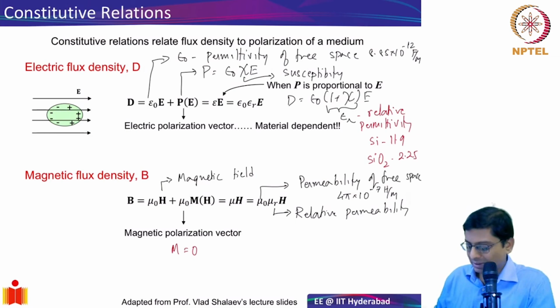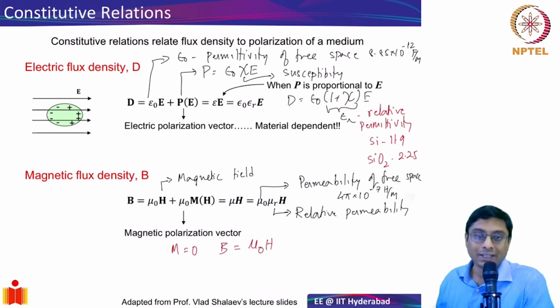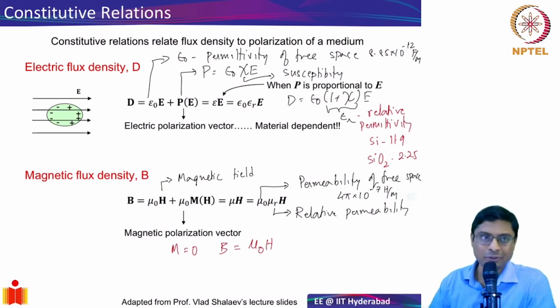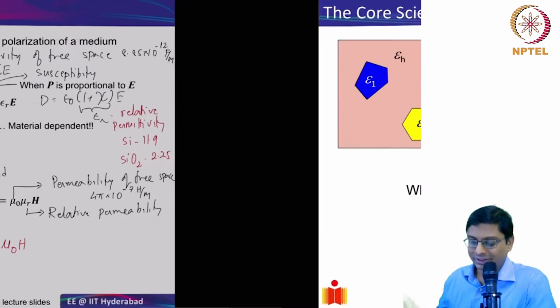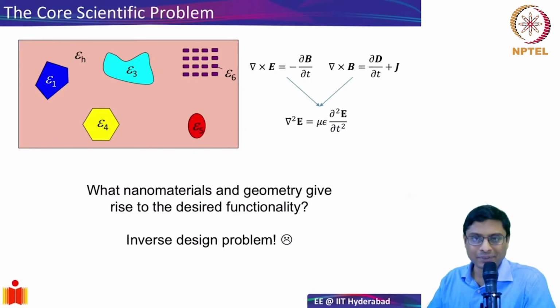Because of that, for the rest of the course, we will use B equal to mu naught H, right? That's a simplification that we will follow. In fact, if you want to engineer a magnetic response, we'll have to go to great lengths to make it happen. We will talk about it maybe in week 4 or so, in the context of metamaterials. All right. So this is about the matter.